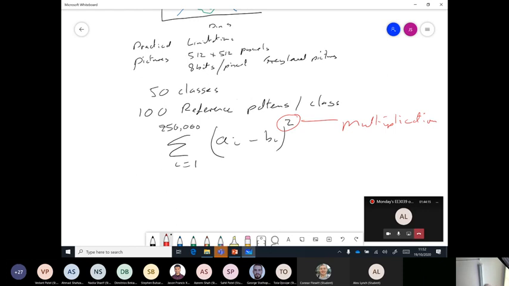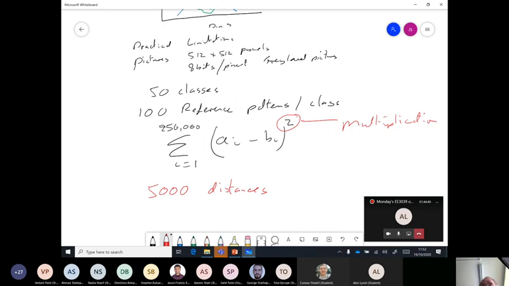Right, so let's work out how many calculations we've got to do. How many multiplications? First of all, 50 classes and 100 reference patterns per class, so that is 5,000 distances to measure, which is quite significant.